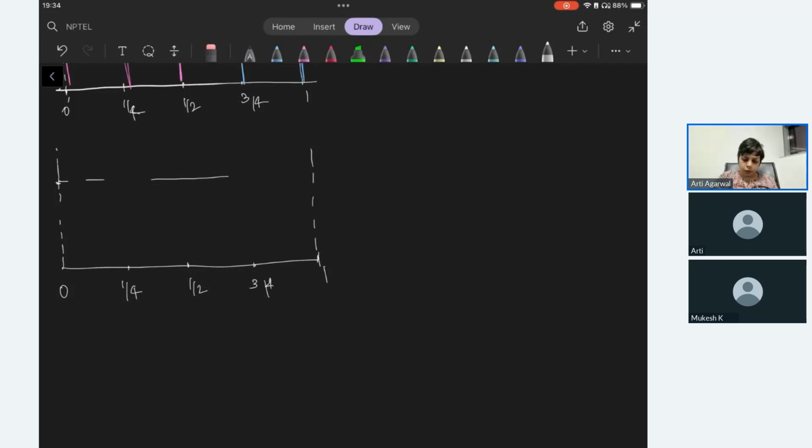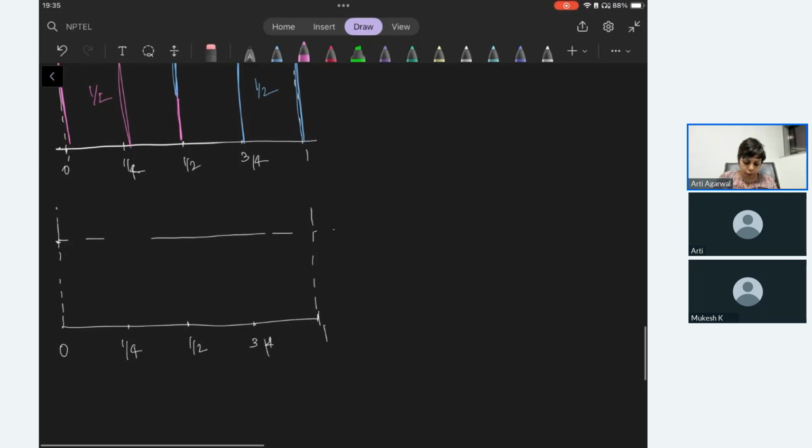So what we are saying now is that P1 has moved from his initial position to half, and P2 is still in that same position at 3 by 4. Now let's see who votes for whom.